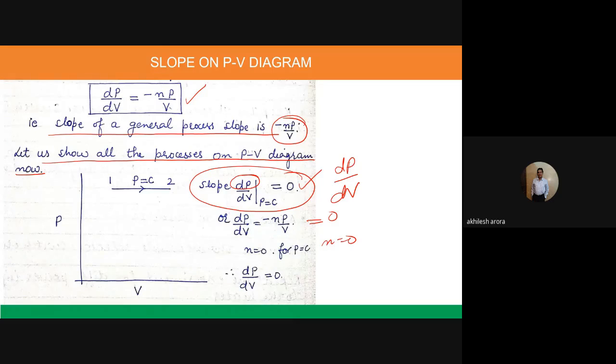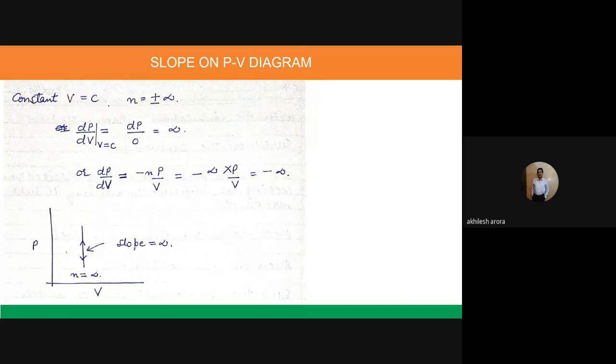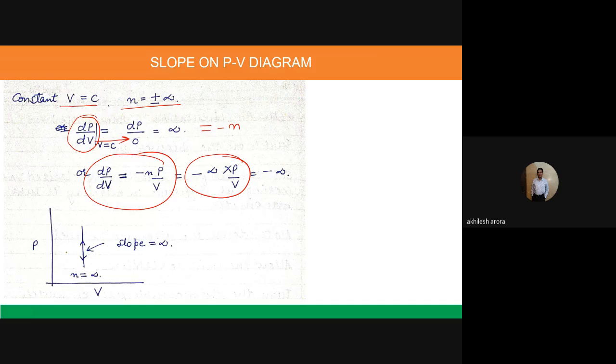Now let us take the constant volume process, for which n is equal to plus or minus infinity. You can see it here. When I am calculating the value of dP by dV, because dV is 0, this comes out to be infinity, and this is equal to minus nP by V. So if I have to calculate the value of n, you can see this value of n will come out to be minus infinity.